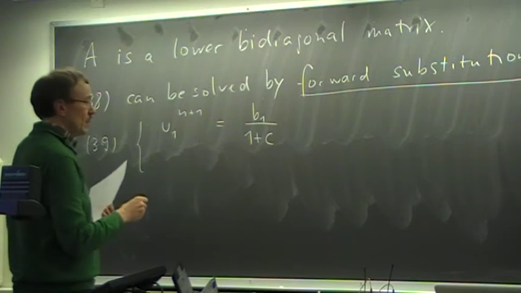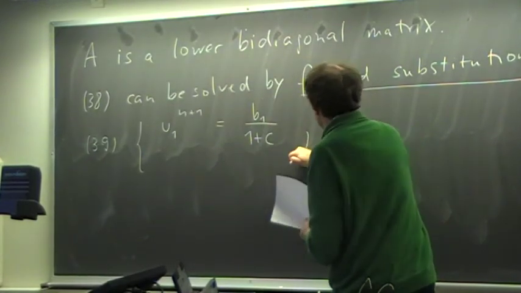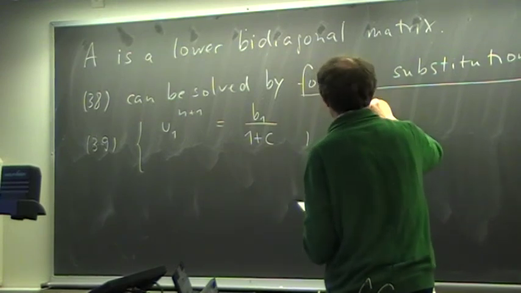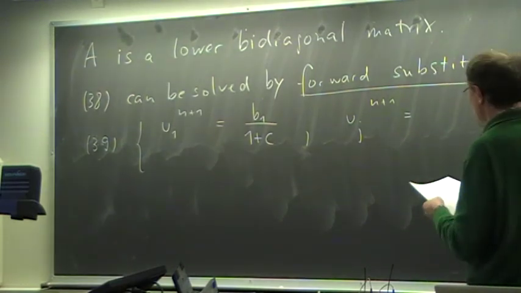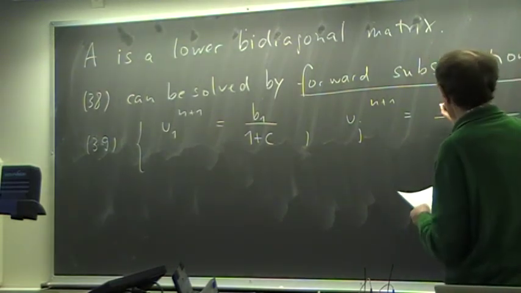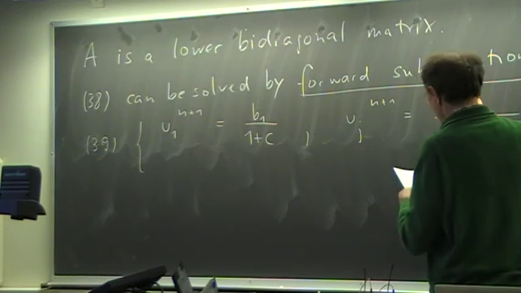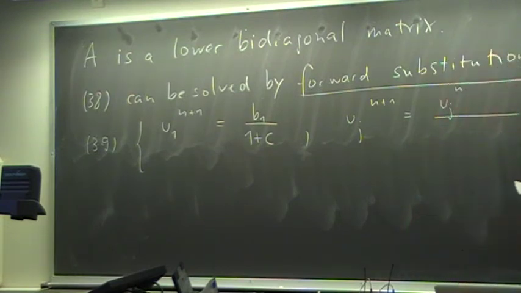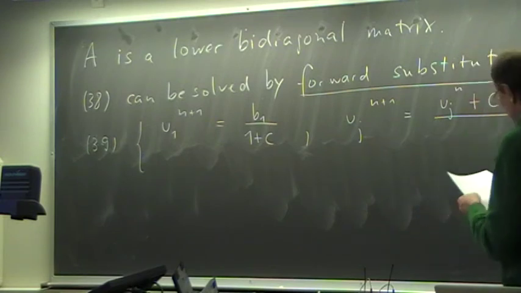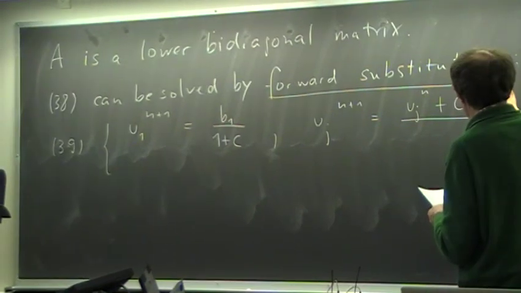So the uj at n plus 1 is equal to what we have already on the right hand side, ujn, and then we add what we already know, that is c times uj minus 1 at n plus 1.